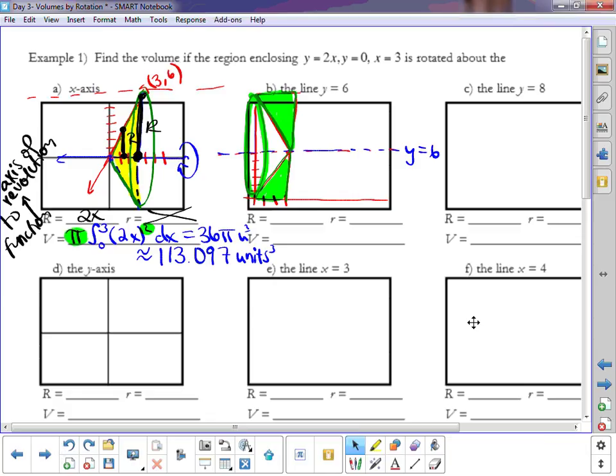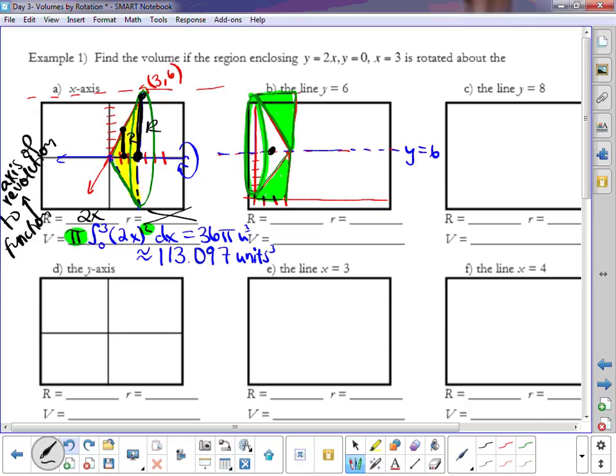Let's go ahead and establish what those are. So my big R: I'm going from the axis of revolution to the furthest edge of my region. You can go either way, but I highly recommend you go to the function, just to make your life a little bit easier.